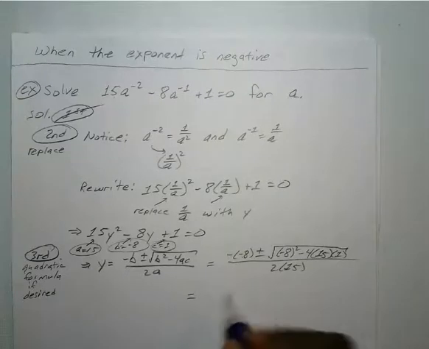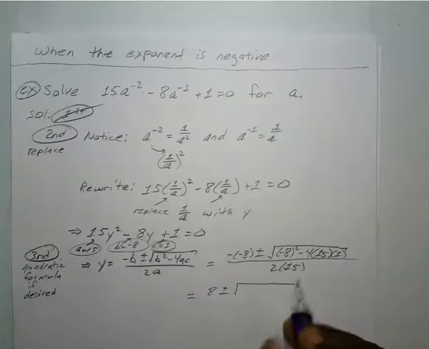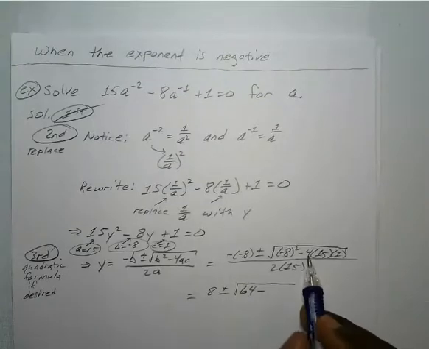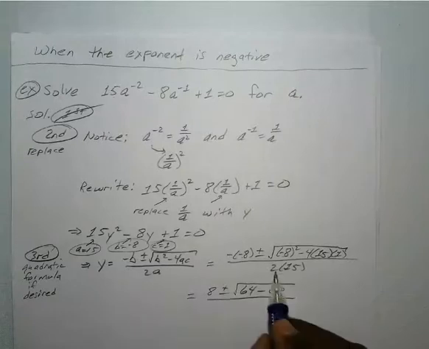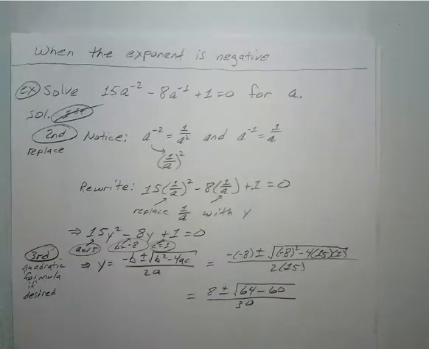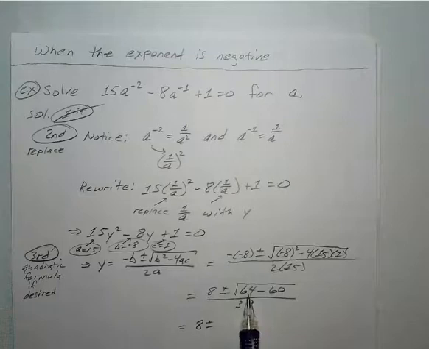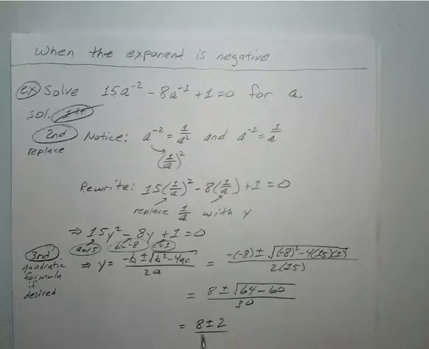Negative 8 is positive 8, plus or minus the square root of negative 8 squared, which is 64, minus 4 times 15, which is 60, all over 2 times 15, which is 30. So that gives us 8 plus or minus 64 minus 60, which is 4, so the square root of 4 is 2, all over 30.